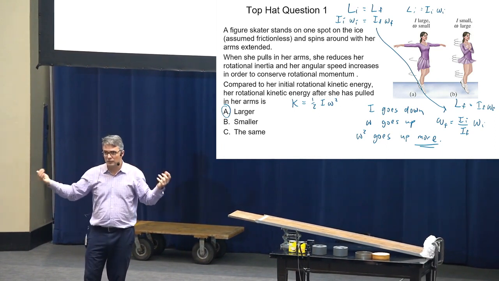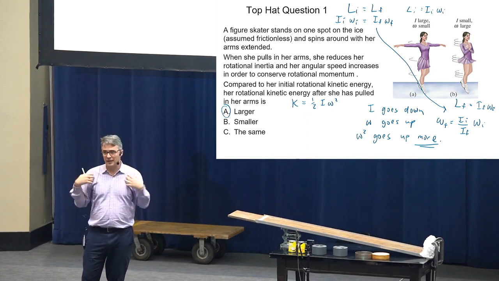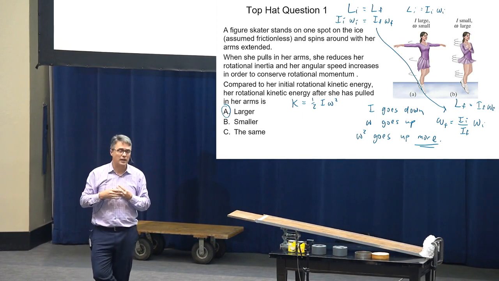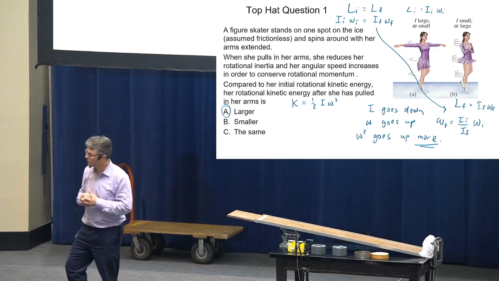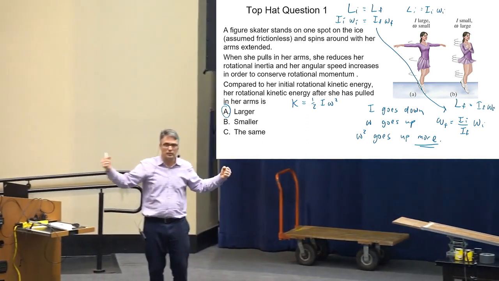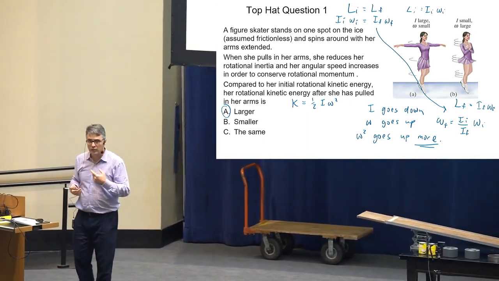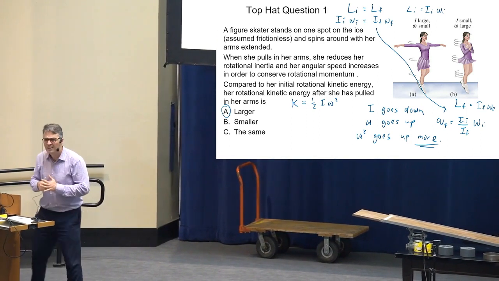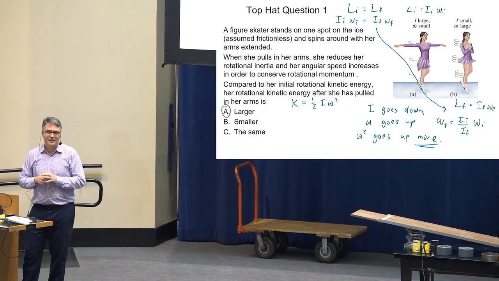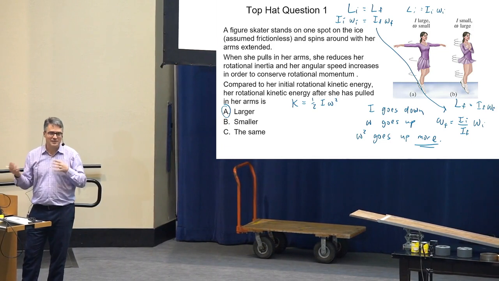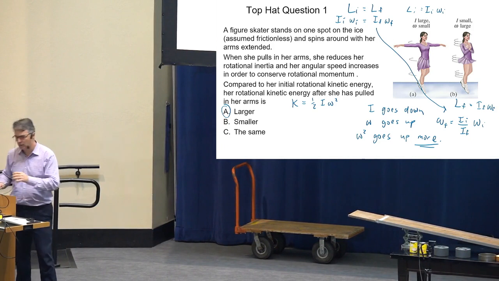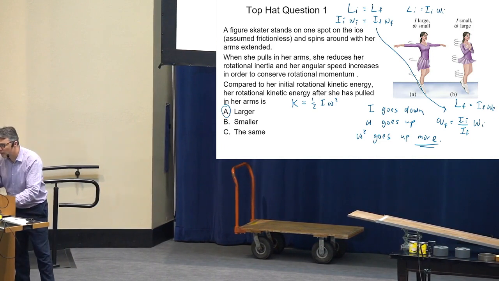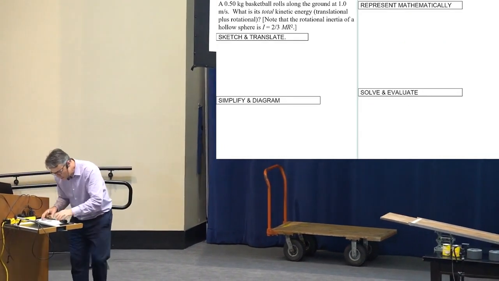So I'm clearly doing work on something. So that's why we end up with more rotational kinetic energy. That's how the energy balance goes, I think. And it's the same with the figure skater. She's doing some work to pull her arms in, and that's giving her more kinetic energy. I mean, it's all internal forces, but I guess what's happening is chemical energy in her muscles is being changed into the kinetic energy of the spin. So good job.